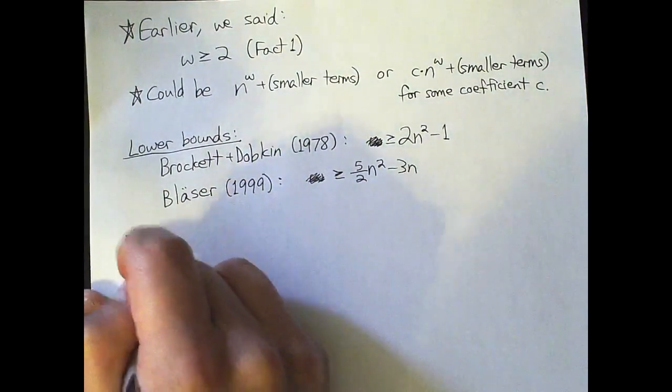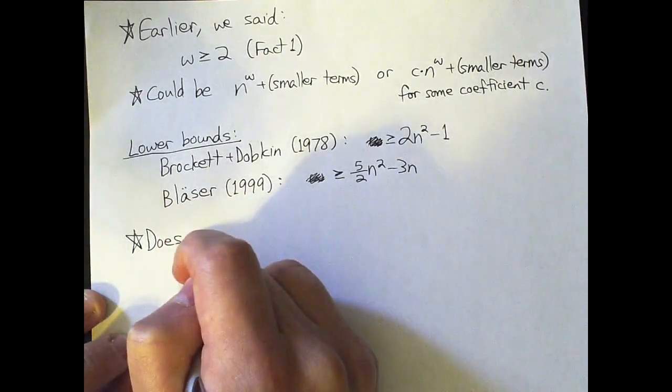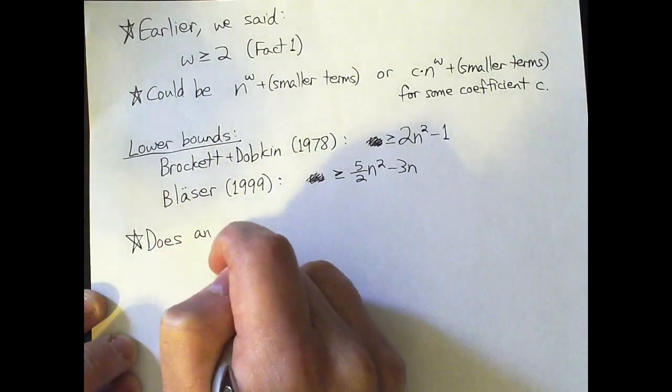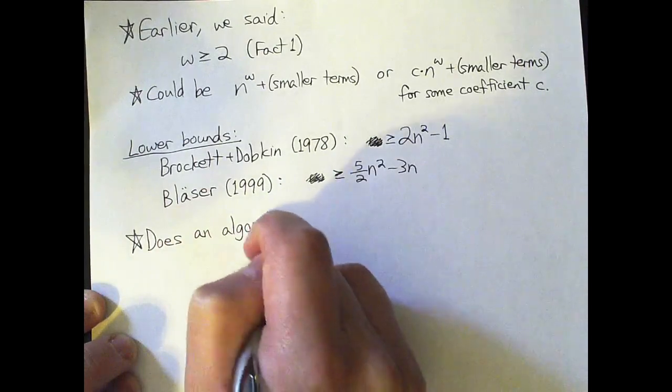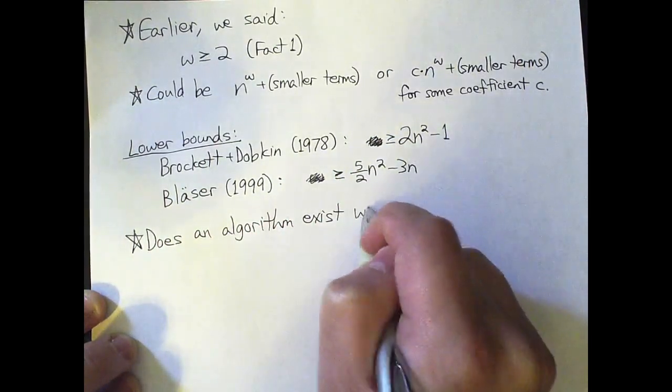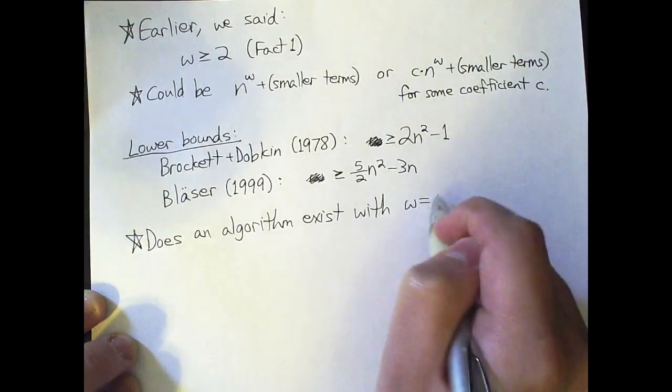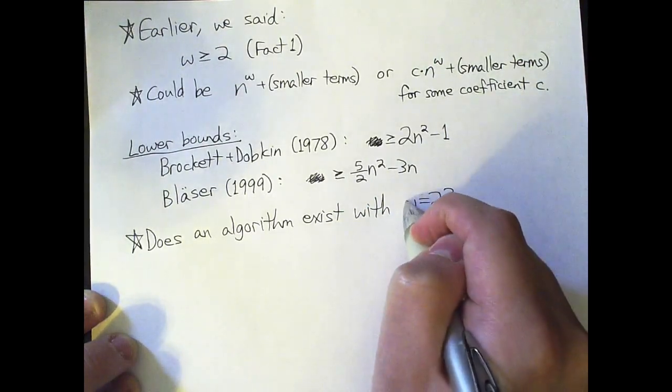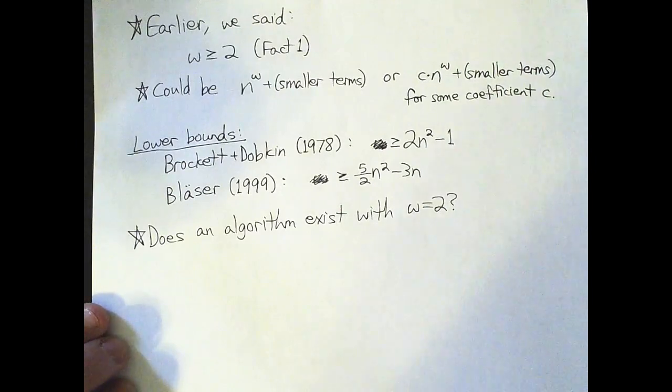So I've kind of said this out loud, but I want to write this in our notes. Does an algorithm exist with omega equals 2? If that's sort of the theoretical, maybe it can get that low, but we know it can't get any lower, does it actually exist?